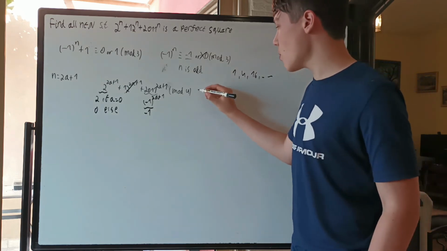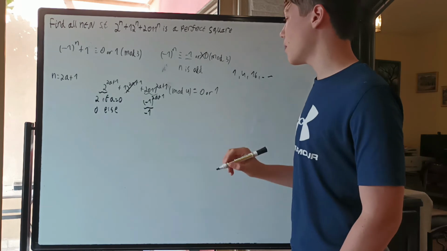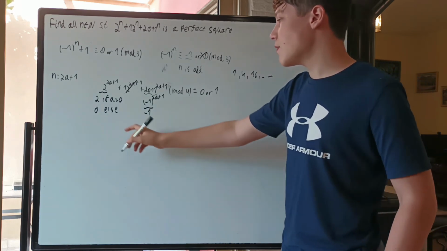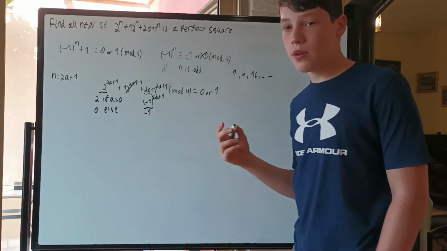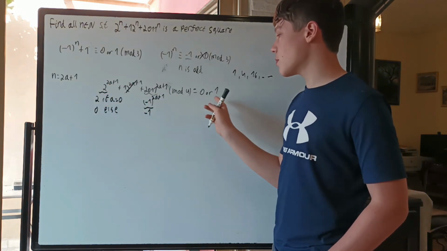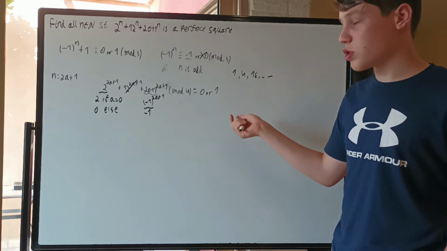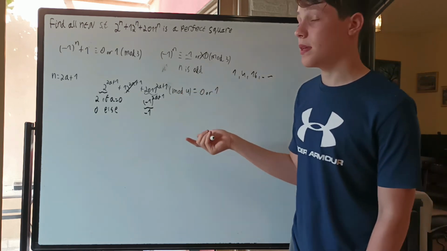And because this is a square, this has to be either 0 or 1. But if a was at least 1, this would be 0. 0 minus 1 would be negative 1 mod 4. It's not 0 or 1, which means that it wouldn't be a square.